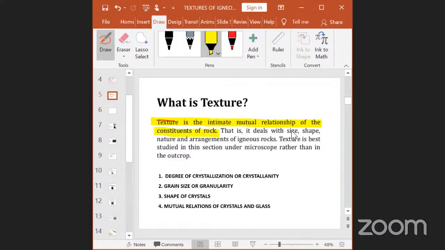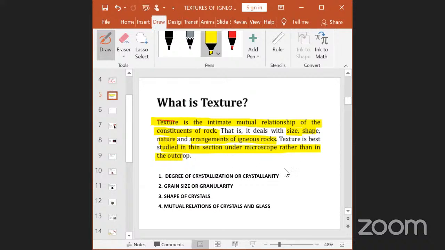It deals with the size, shape, nature, and arrangement of constituents of igneous rocks. So texture is best studied in thin section under the microscope rather than in the outcrop, right? Texture is the size, shape, and arrangement of mineral grains in the rock.